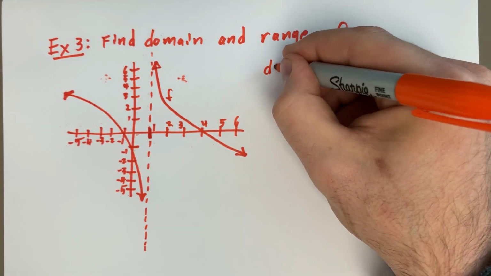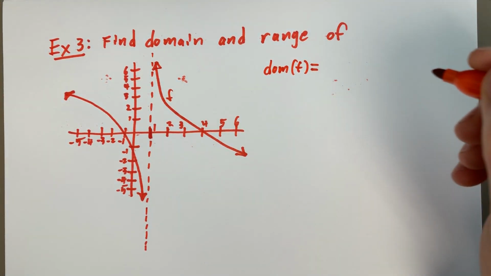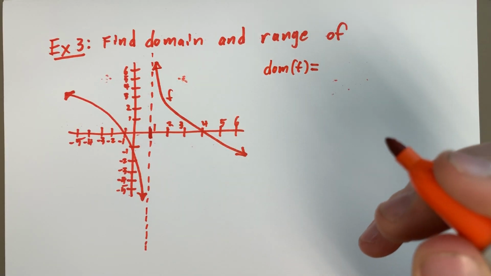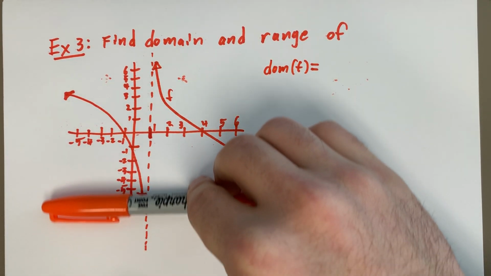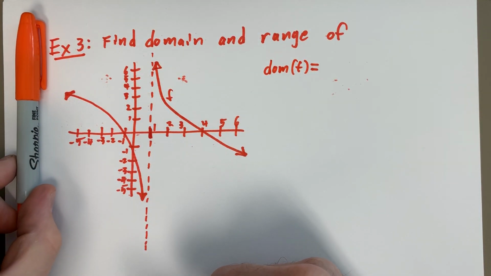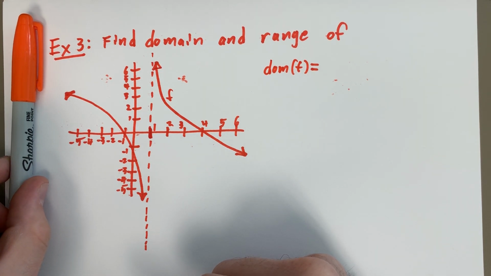The domain is the set of all x values that I can plug in here. So here's the concrete way of finding the domain. Just like in the last video for the range, where I scanned up going horizontally, I'm going to scan vertically starting over here, reading left to right. So where does the graph start?